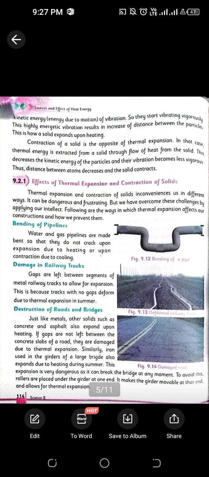The first topic is bending of pipelines. Now, what is the bending of pipelines? Water and gas pipelines are made bent so that they do not crack upon expansion due to heating or upon contracting due to cooling.